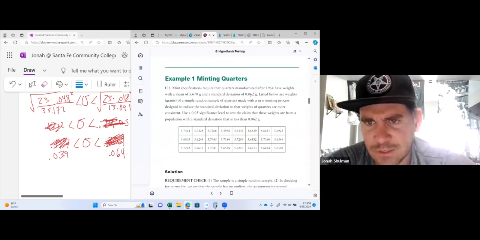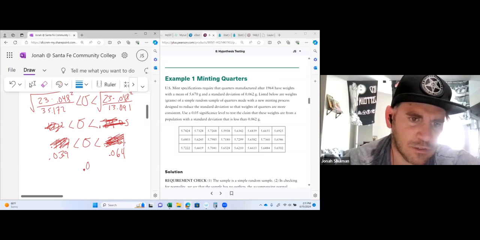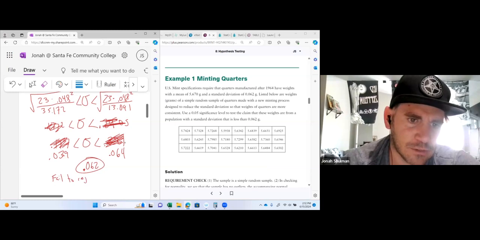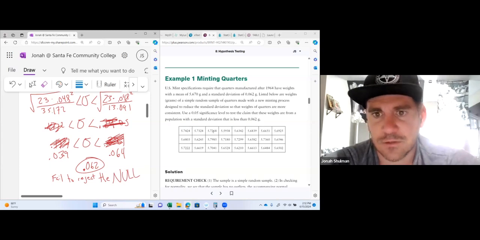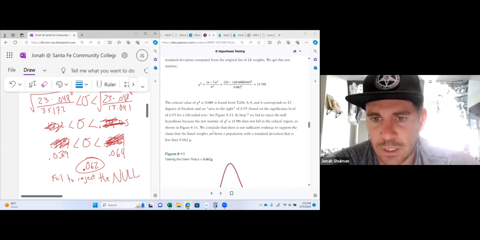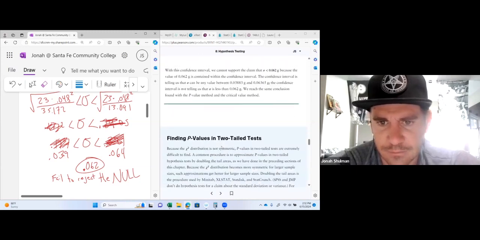We wanted to claim that this 0.062 was different. However, 0.062 falls neatly within our range. So guess what? We fail to reject the null. Sorry for the mistakes. I haven't done these before with this value. But as long as we're getting the right values at the end, that's okay.